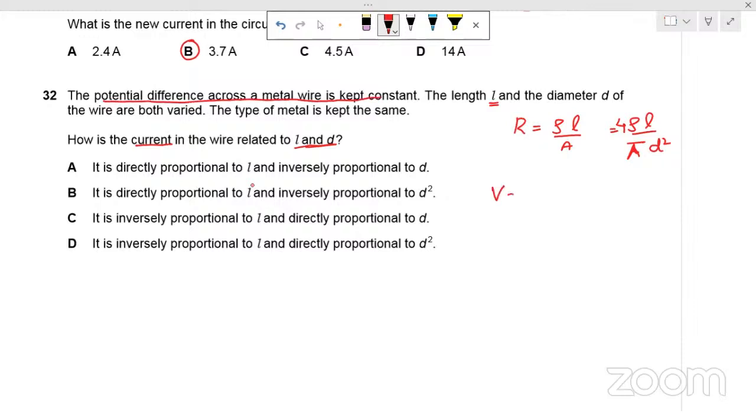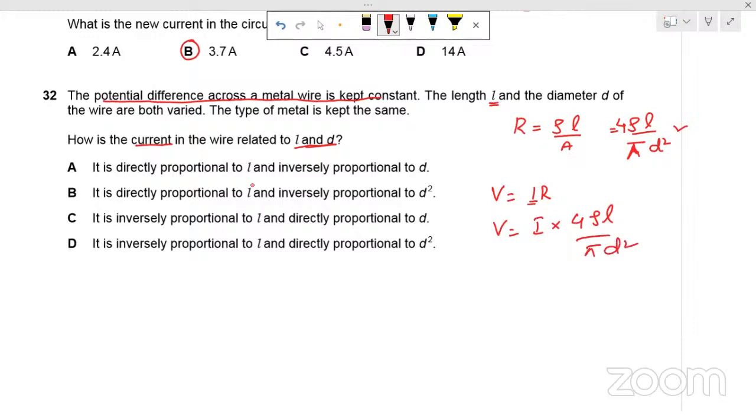Now we know V is equal to IR. If potential difference is kept constant, we can see how the current is related to R. So we will put this value of R from this expression over here. You will get V equals I times 4 rho L over pi D square.